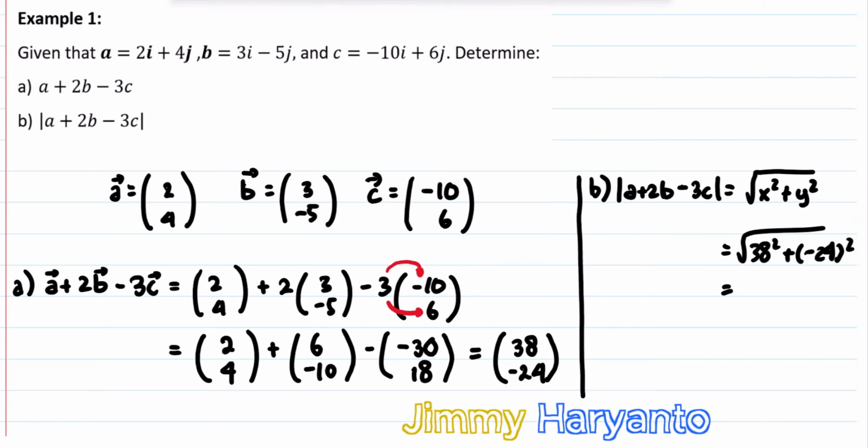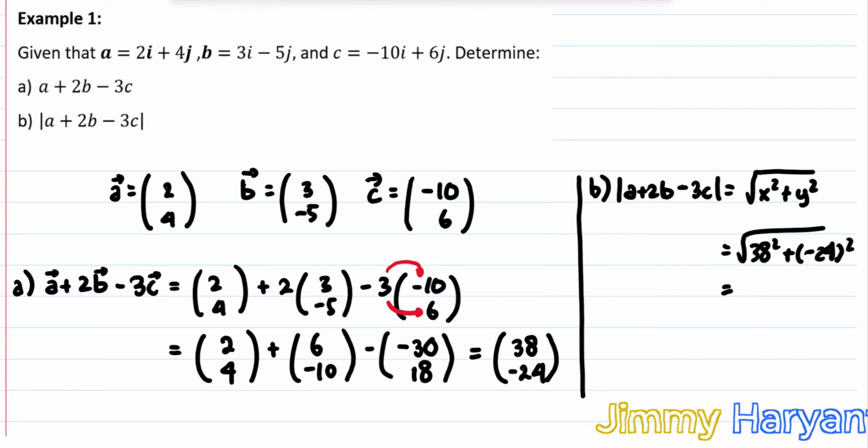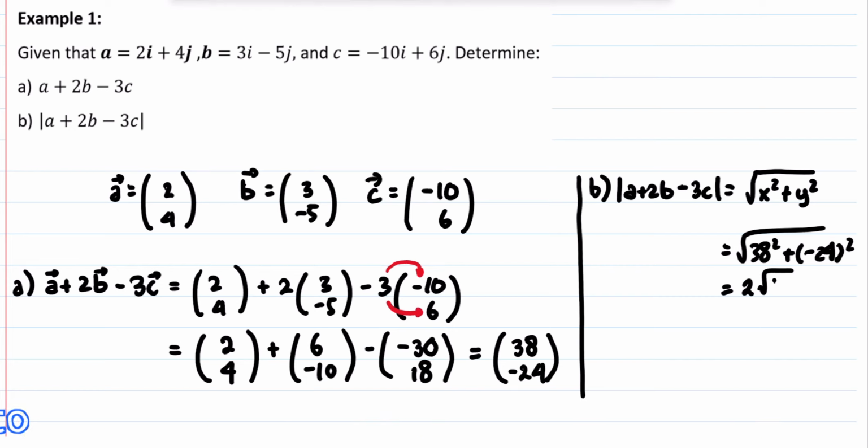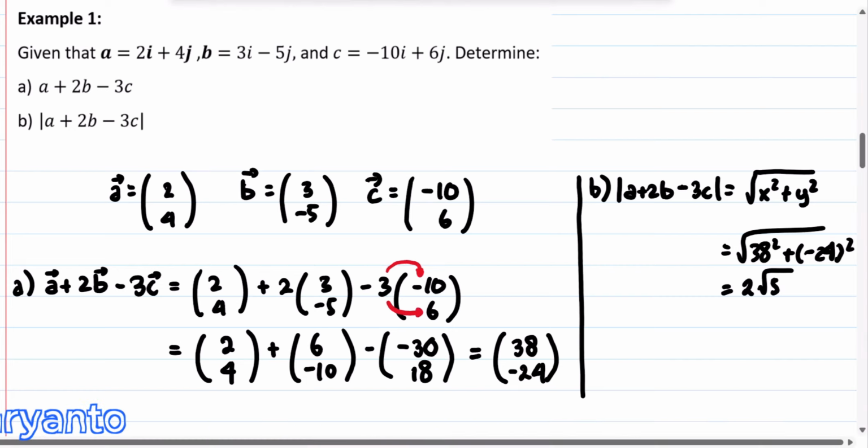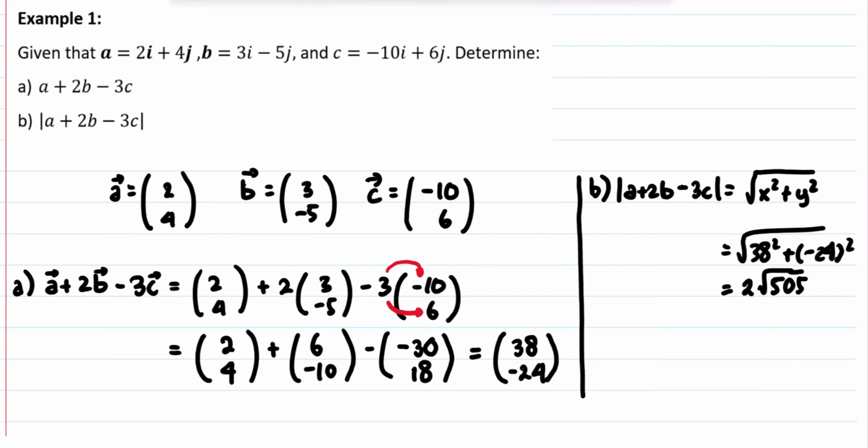It will be 2 square root of 505. Okay, this is how you operate addition, subtraction, and scalar multiplication altogether.